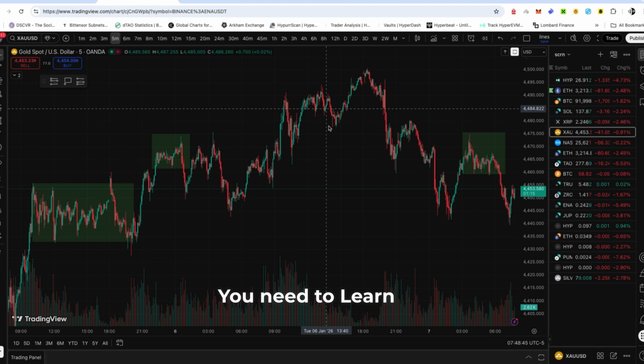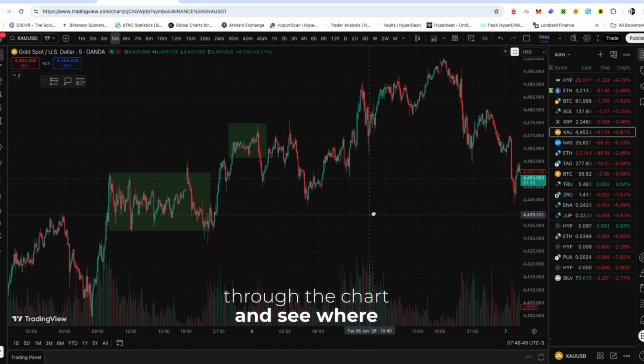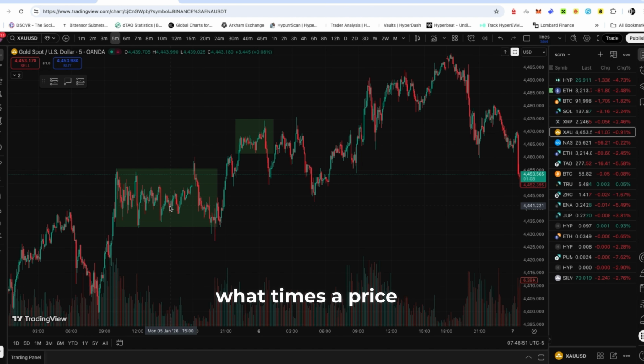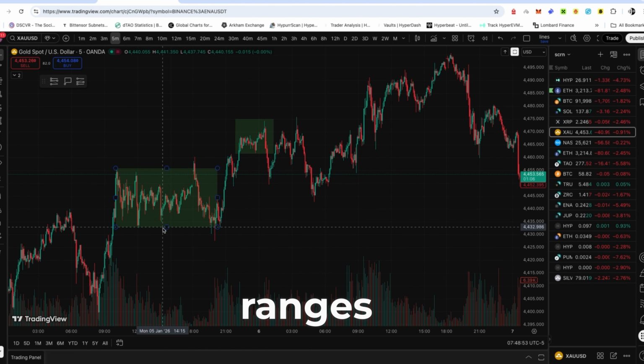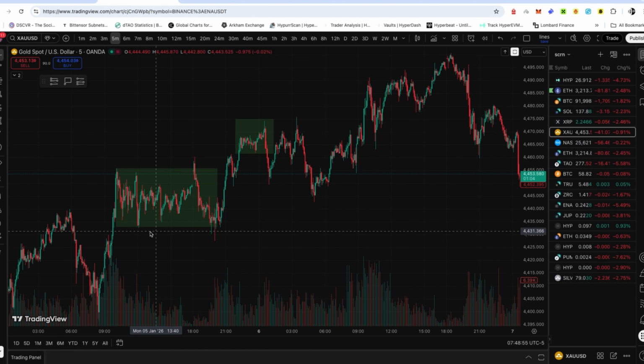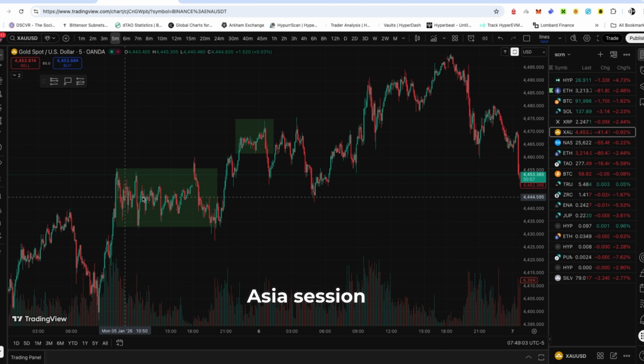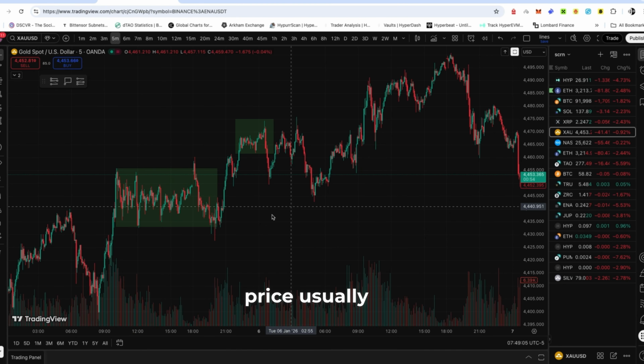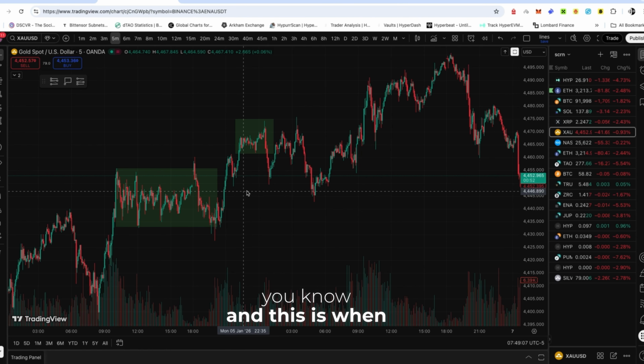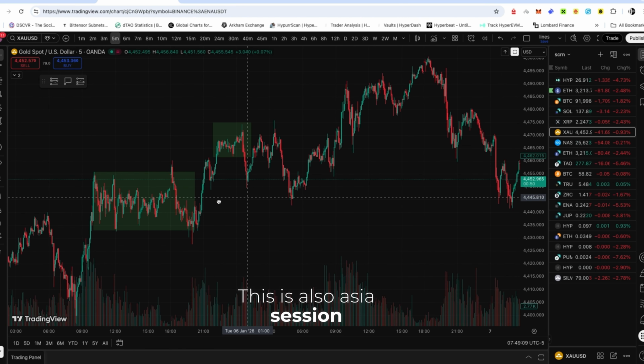You need to go through the chart and see where price usually ranges and at what times. This is the New York afternoon session, which is like 11:30 to the Asia session. That's when price usually ranges, and this is also the Asia session.